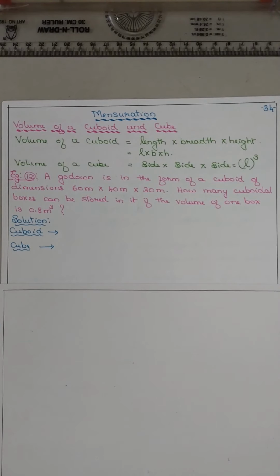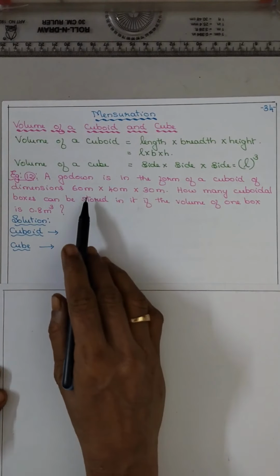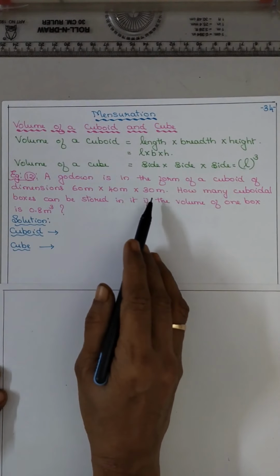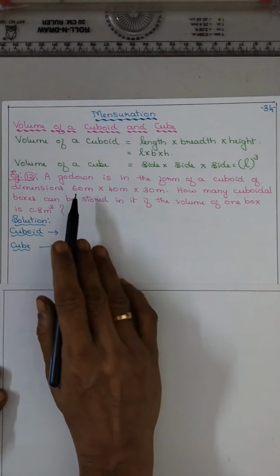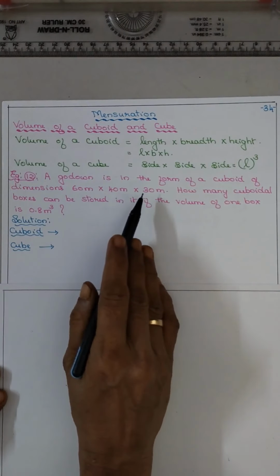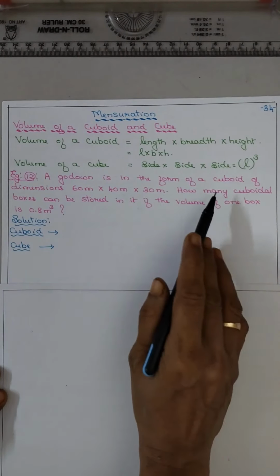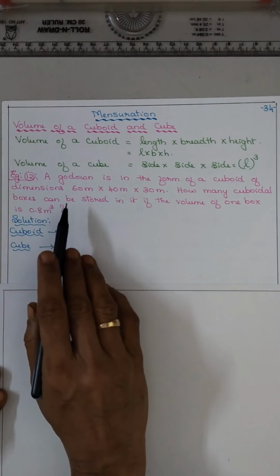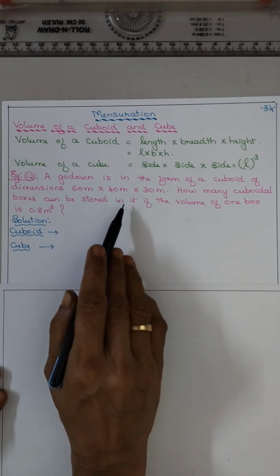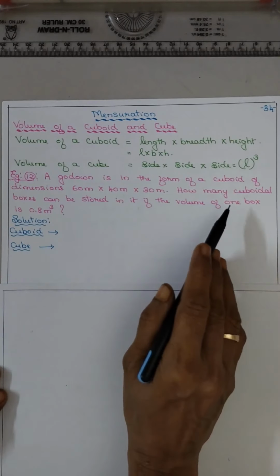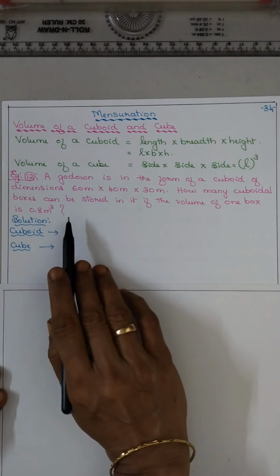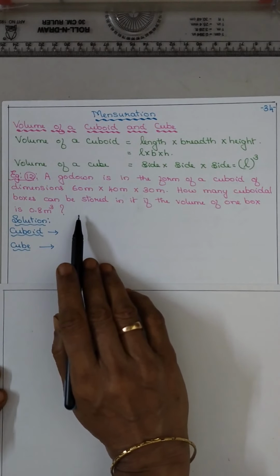Now coming to the example 12, a godown is in the form of a cuboid of dimensions 60 meter, 40 meter, 30 meter. Means what? Length, breadth and height. How many cuboidal boxes can be stored in it if the volume of one box is 0.8 meter cube?